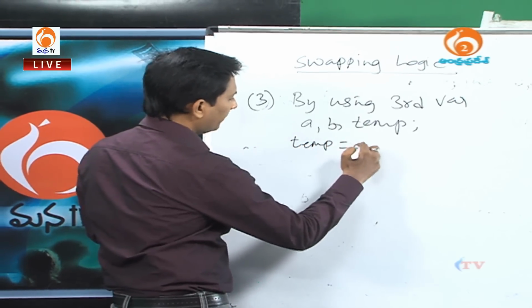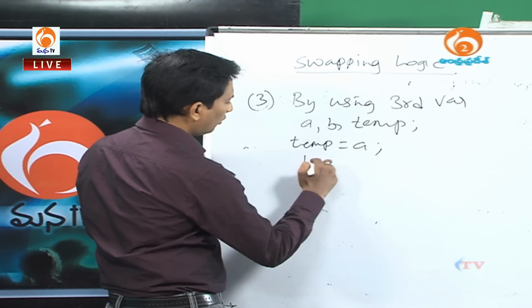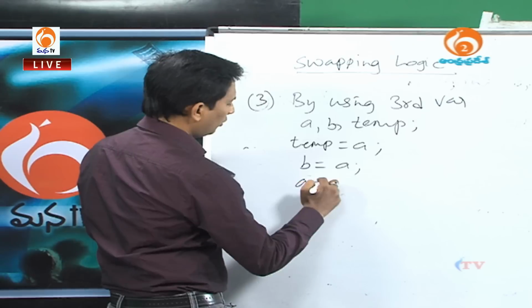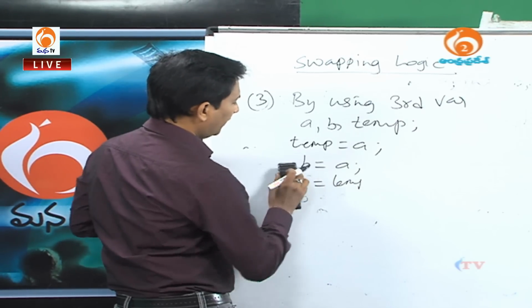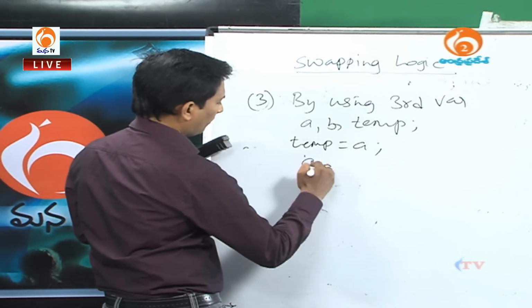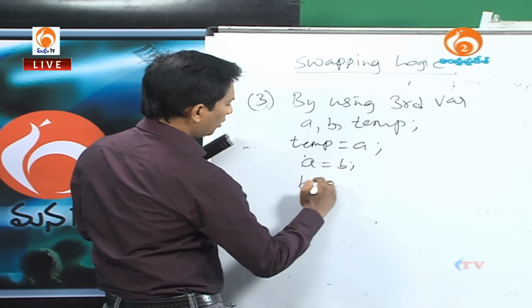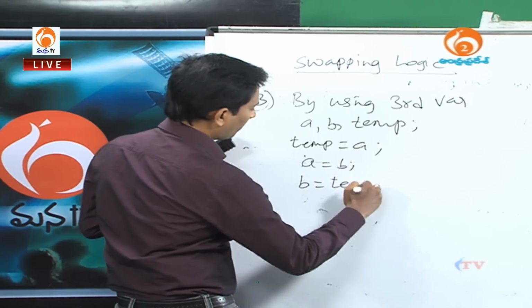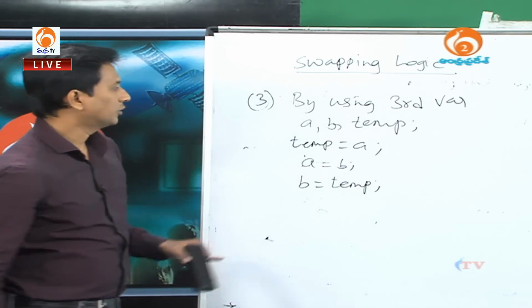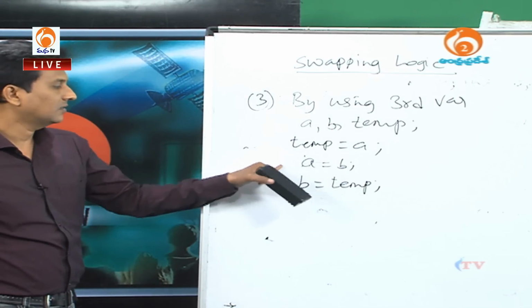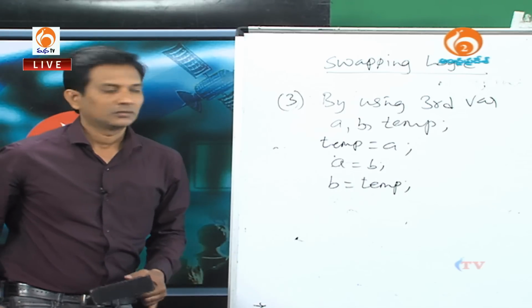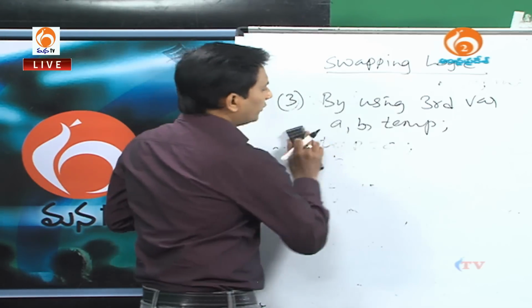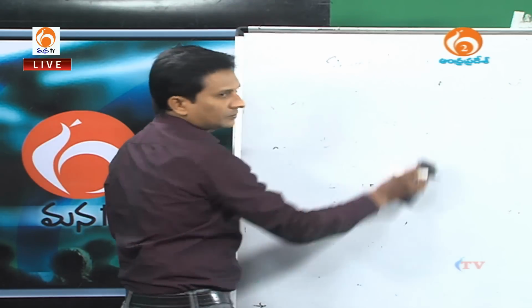Next, A equal to B, B equal to temp. This is the logic by using a third variable. Generally we write this logic only. You just remember this logic, it's enough. There are three kinds of swapping logics available.